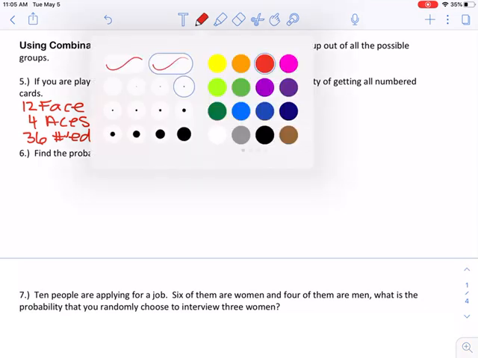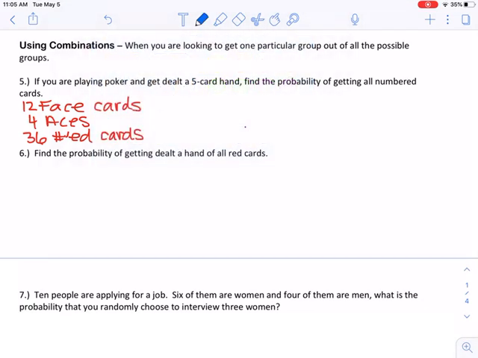So now that we know what we're looking for, we want to find the probability that we get all numbered cards. So let's start with the denominator. That's the easy part. I want to know how many ways can I get dealt a 5-card hand. If there's 52 cards in the deck, then that would be 52 choose 5.